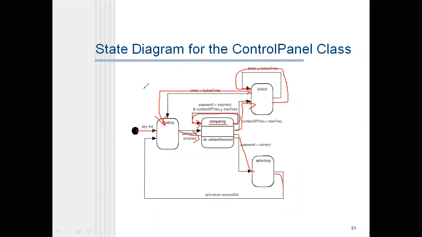So this is one of the barriers or controls for my laptop. The control is necessary for any app, any kind of gadget, or any individual single app nowadays, isn't it? To provide security. So this is the example for a control panel.